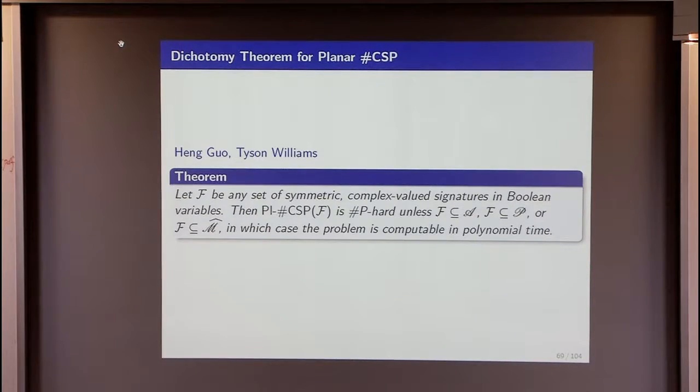Let me mention a beautiful theorem due to Cai and Fu that says that if I now talk about CSP with planar restriction, and the functions are complex-valued and symmetric, then it is either affine, or product type, or in this transformed matchgates.